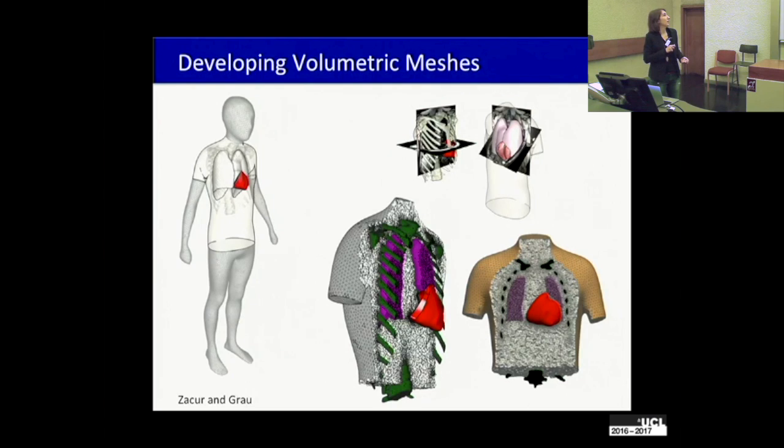Once we do this, we need to construct our volumetric meshes, different resolutions, as I explained before, 0.4 millimeters for the heart, and we get to 0.8 centimeters edge length in the torso.